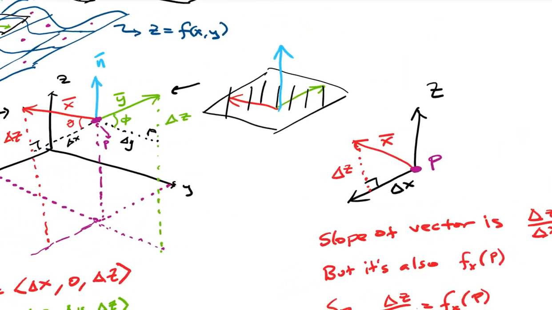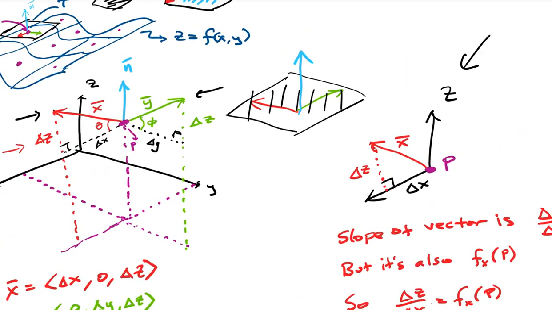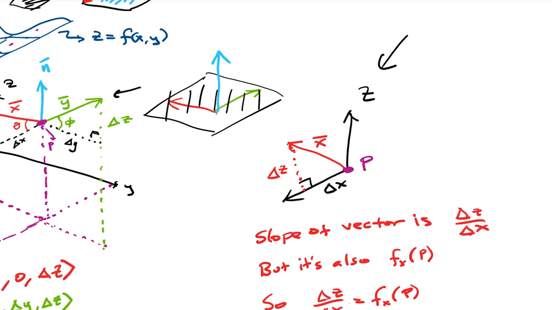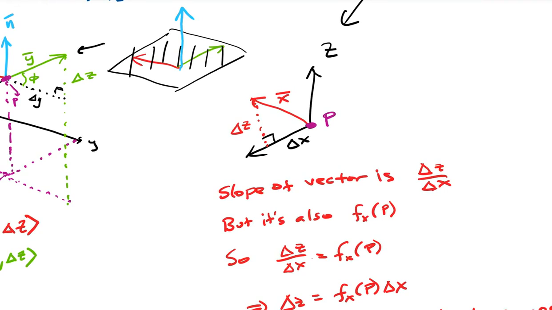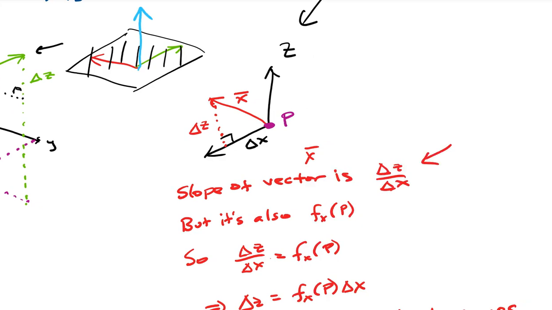So the slope that the vector x is going up in the z direction is the rise over the run, the change in z over the change in x. But that's also the partial derivative of f with respect to x at the point P.